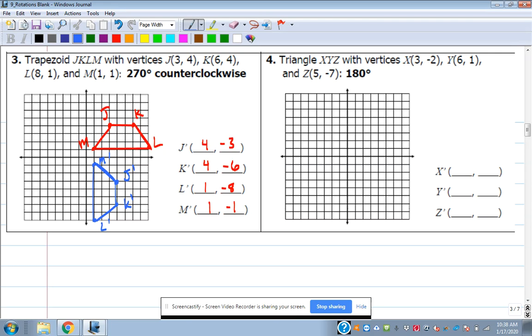So 270 degrees counterclockwise would be like starting here at 0 and going around here. How many degrees is that clockwise? 90 degrees clockwise is the same thing as a counterclockwise move to 270. 90 degrees counterclockwise would be how many clockwise? 270. Same idea there. So that's maybe an extension of that.